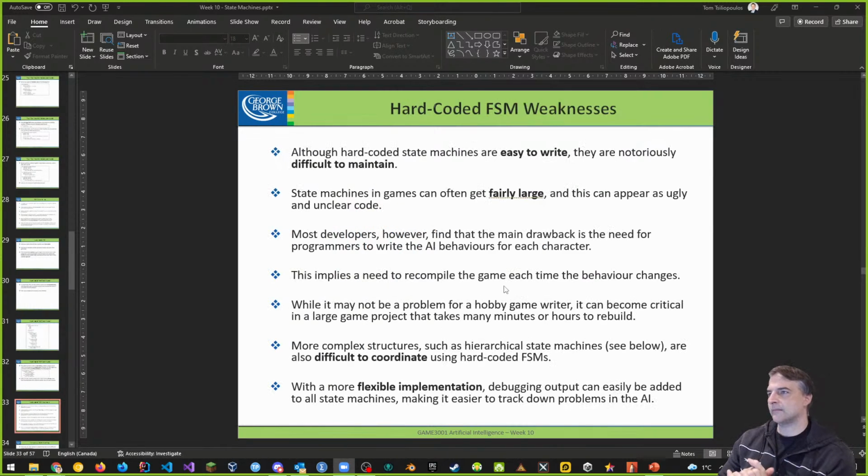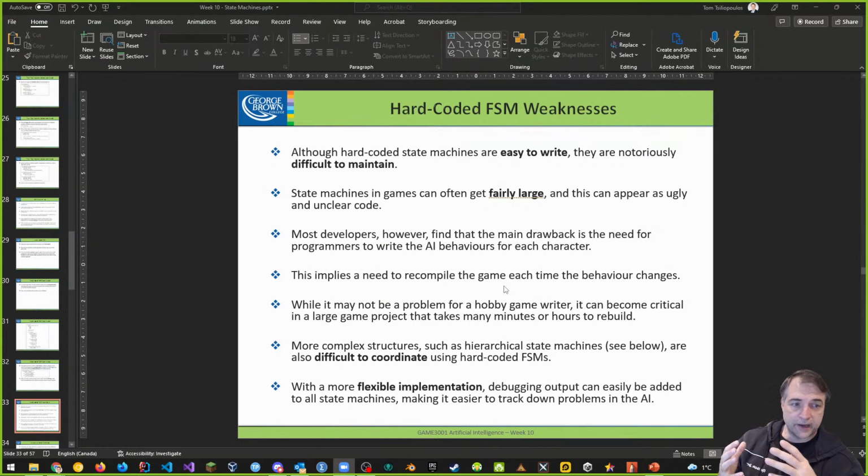So let's talk about weaknesses. Although hard-coded state machines are easy to write and easy to think about, they're difficult to maintain, which is exactly what we talked about. State machines in games can get really large, and this can appear as crazy, ugly code and really unclear as to what's happening. You have to literally go and try and trace what's happening.